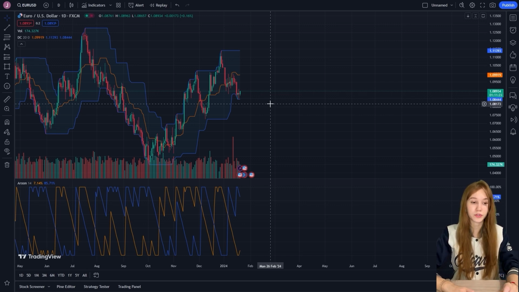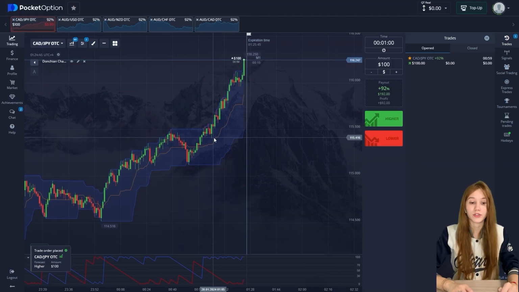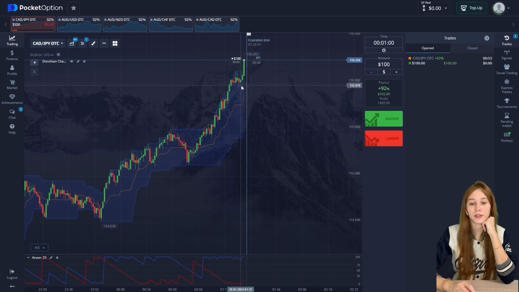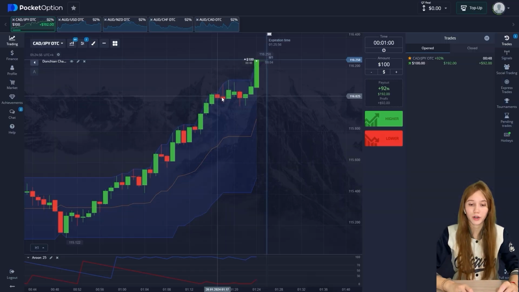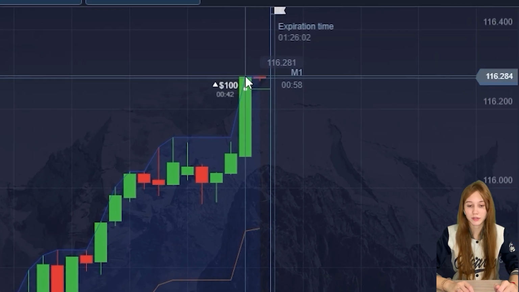So here we're on the first chart. Let's open an up trade here, and we start our general analysis. What we see here is an upward trend in the previous short period. Let's say we had some kind of consolidation. According to the first indicator, the Donchian channel, we see that we are staying in the upper limits.